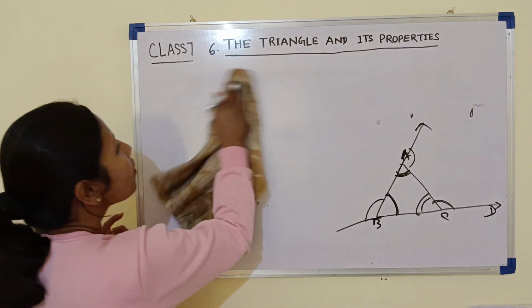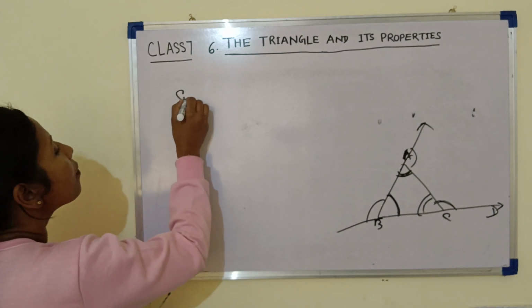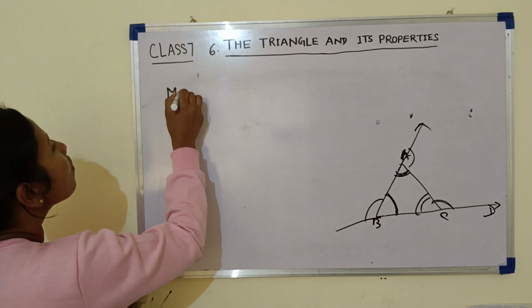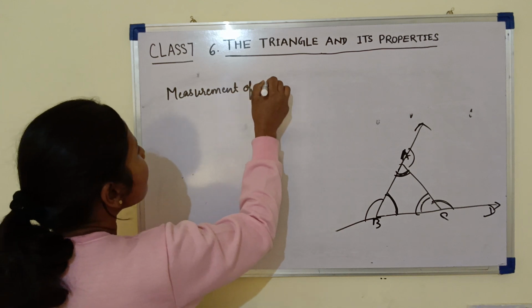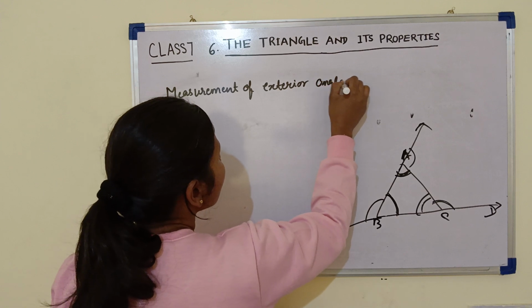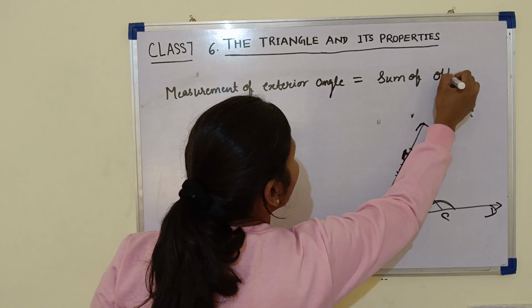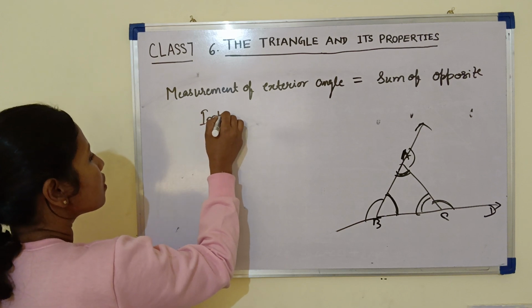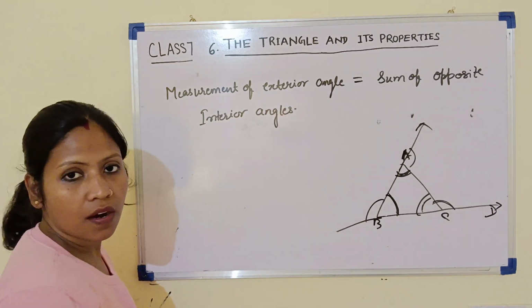So let me write down: the measurement of the exterior angle is equal to the sum of opposite interior angles. Understood?